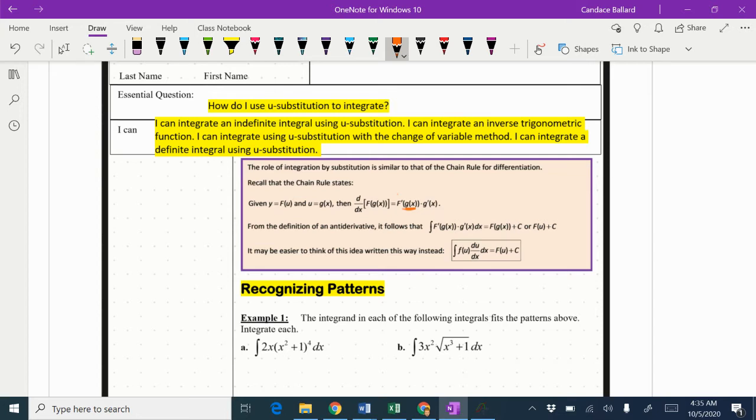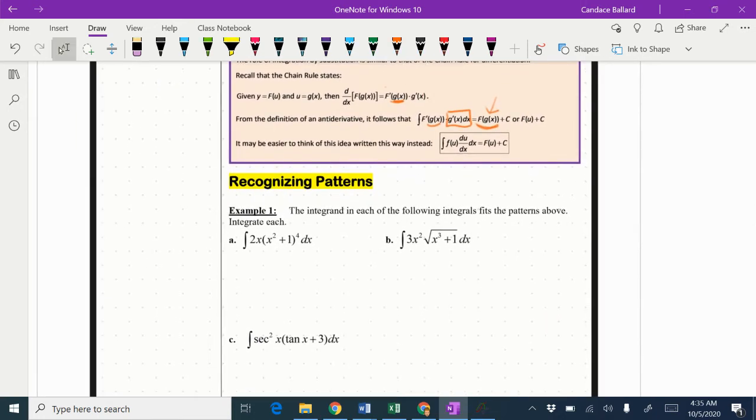So basically, to recognize this, I have to have the derivative of the inner function. When I integrate that back, I get back to the original function just composed with the inside function. It might be easier to think of it as f of u times du/dx times dx, or f of u plus c.